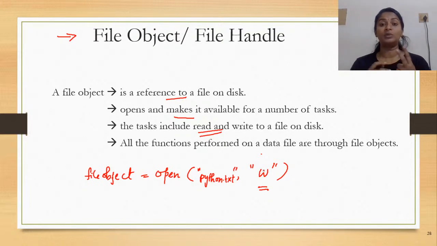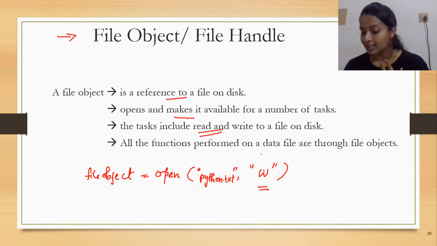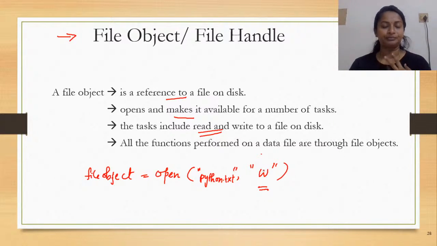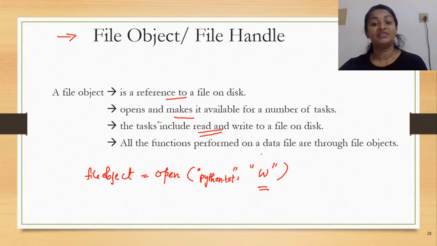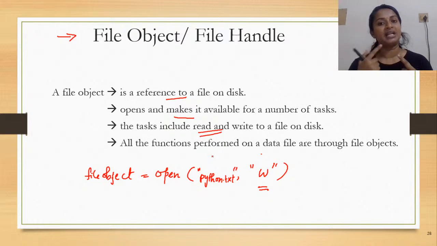Either the file is already existing, the python.txt is already existing, then it will open the file. But if it is not existing, what will happen? A new file would be created. So understand that when you're trying to open a file in write mode, the file can be either existing or not existing.